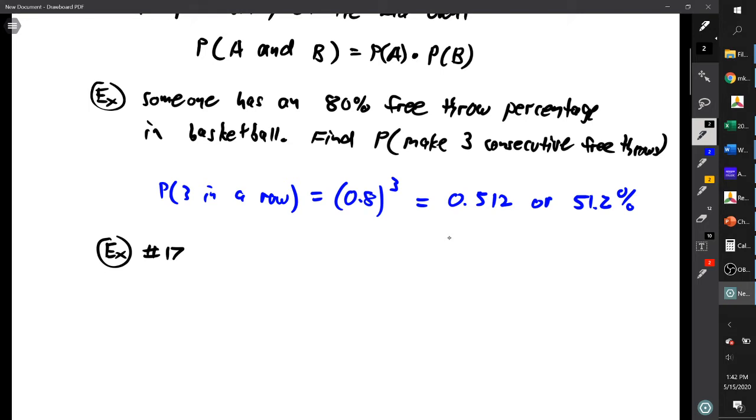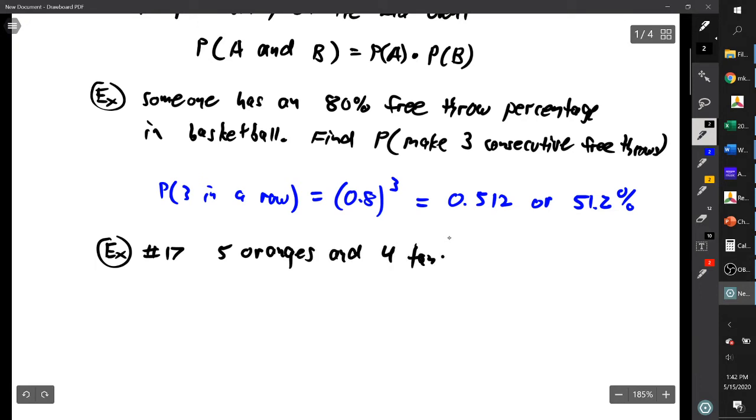So we have 5 oranges and 4 tangerines in a bowl.